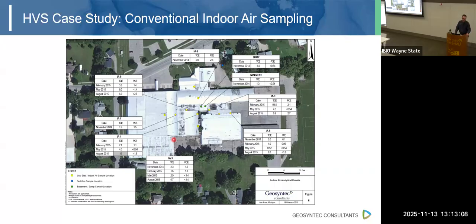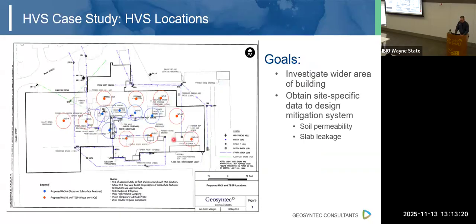So we have an area that we know we need to mitigate, and it's just a question of how much of this building needs to be mitigated and how we design a mitigation system. So we did, I think, 15 different high volume sampling locations throughout this building, including locations towards the center where we've already done subsoil gas and indoor air sampling.